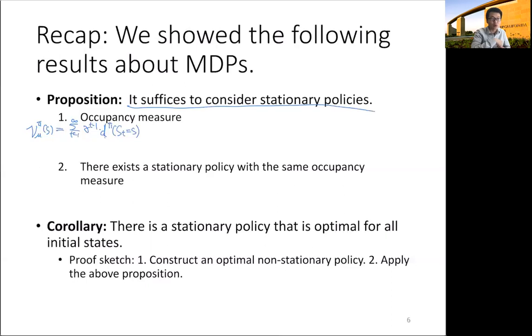There's a question regarding this proposition in the chat. Ari asked whether it suffices to consider stationary policies in both the infinite horizon and finite horizon settings. That's an excellent question. We haven't talked about the finite horizon episodic setting yet; we will in future lectures.